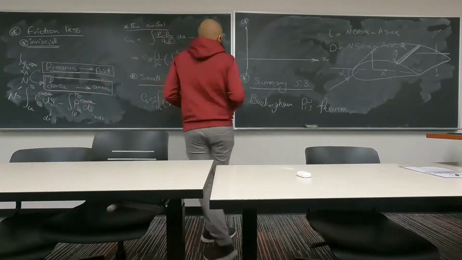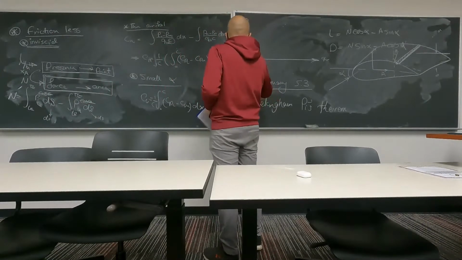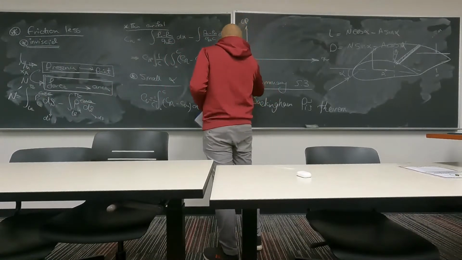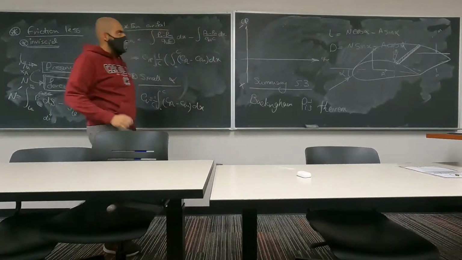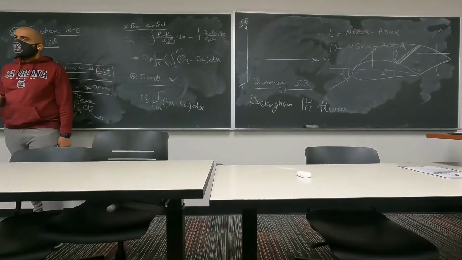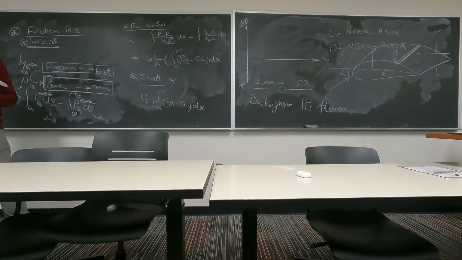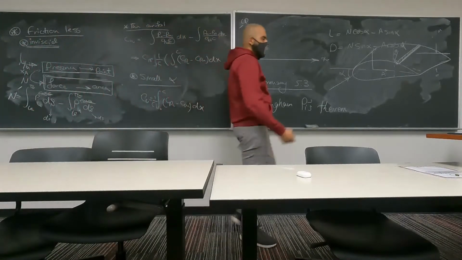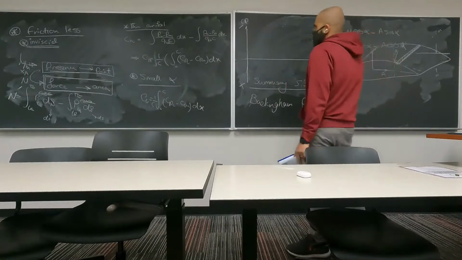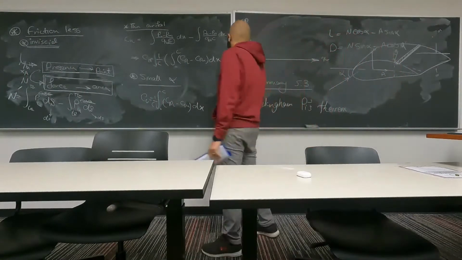For pressure coefficient, we usually go from positive to negative. What does a positive pressure coefficient mean? Your pressure is larger than your P infinity, we have talked about this. And a negative C_p is essentially telling us your pressure is smaller than P infinity.